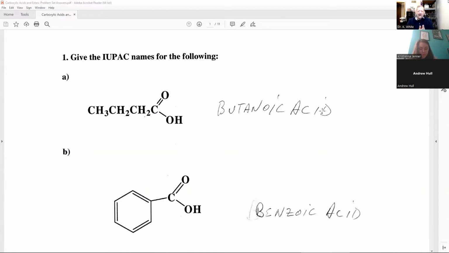Speaking about general knowledge, did anybody happen to pick up a bottle of vinegar and look at it and say, oh, that's got acetic acid, a carboxylic acid? Did you pick up a bottle of mustard or ketchup or relish and see it's got vinegar, which has acetic acid?